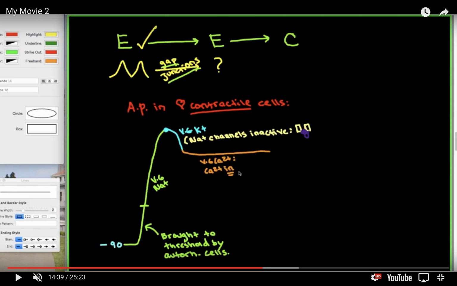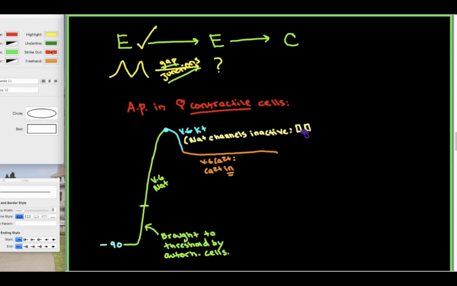It's a delay in you getting more negative again. And then eventually, once we get through that state and we get through this long extended depolarization, then we open up another set of potassium channels and finally repolarize. Kind of this second set of potassium channels that triggers repolarization.